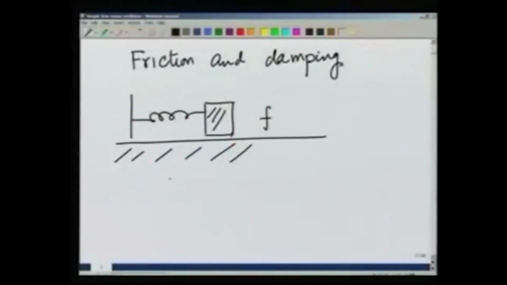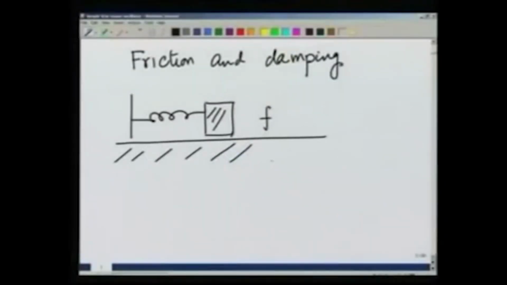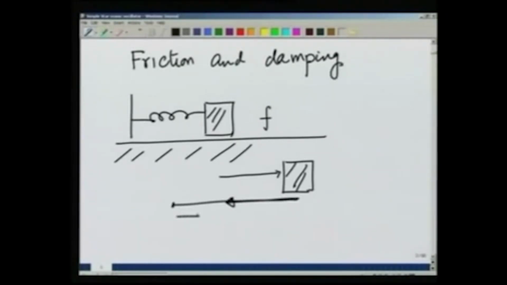So, if I write the equation of motion, I will have to be careful because the frictional force changes direction according to how the block is moving. Let us first take the case when I stretch the block out and let it go. I will now focus on the motion as long as it keeps moving this way and comes to a stop after compressing the spring by this amount.